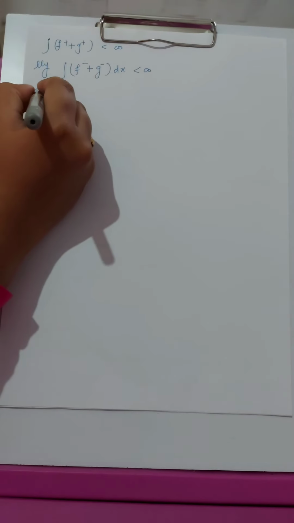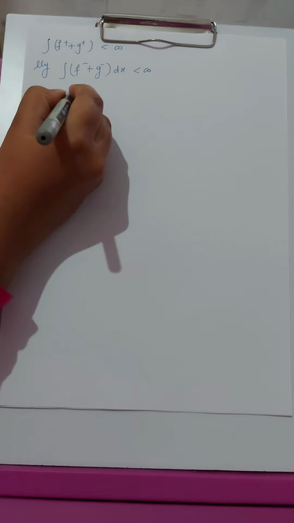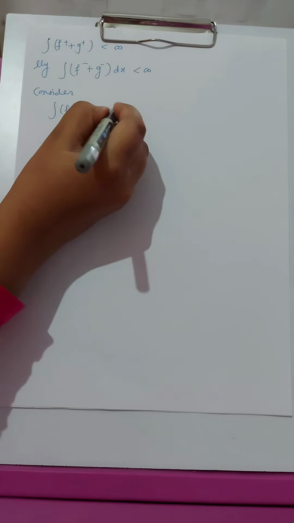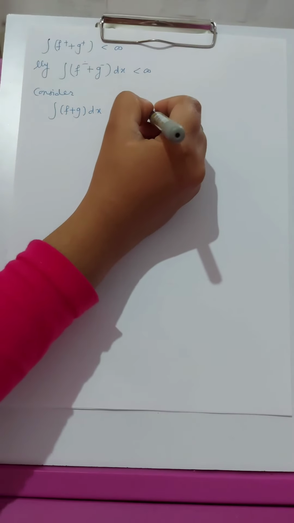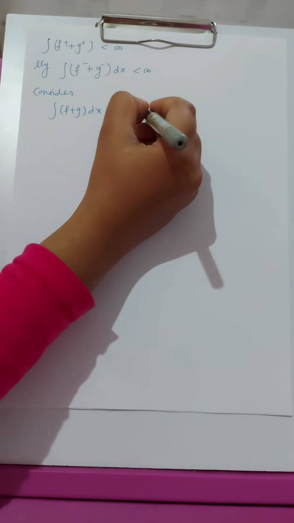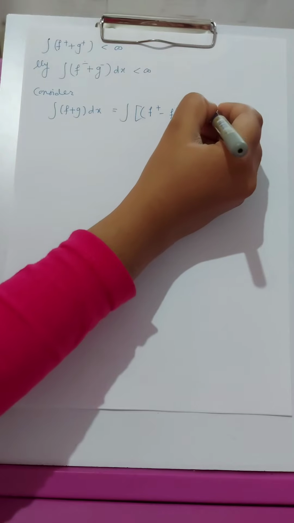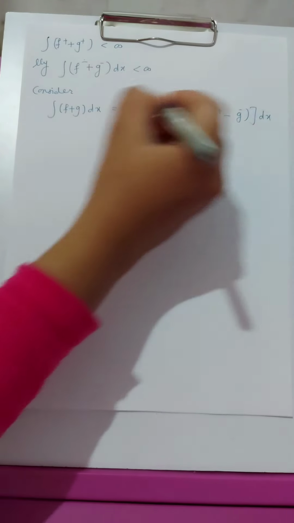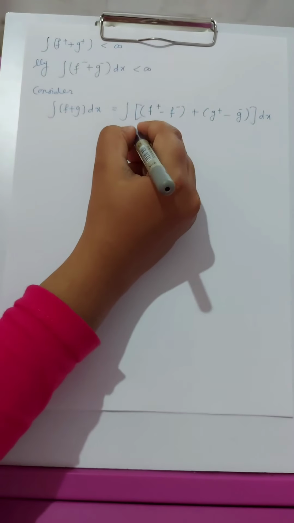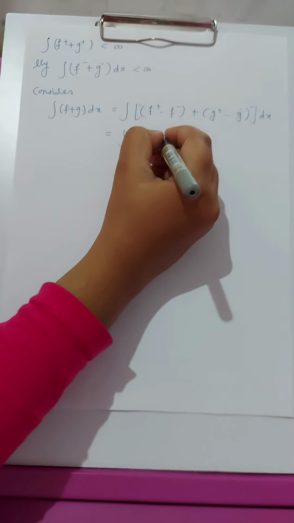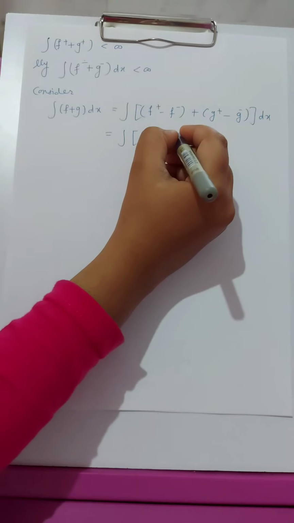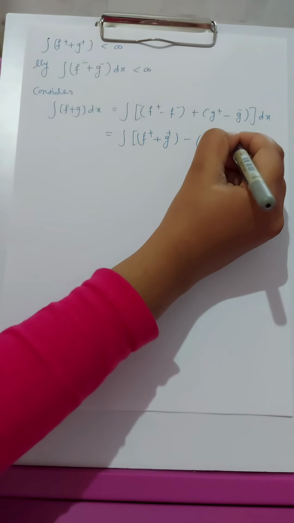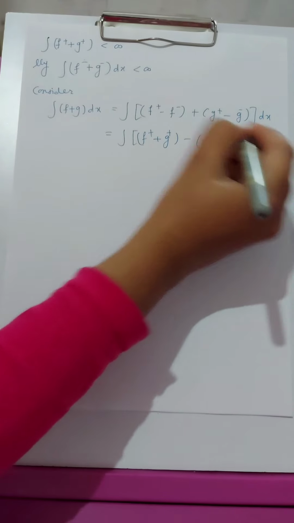Now consider the integration of f plus g dx, which is equal to the integration of f plus minus f minus plus g plus minus g minus dx. Now rearranging these terms, we get f plus plus g plus, minus f minus plus g minus, dx.